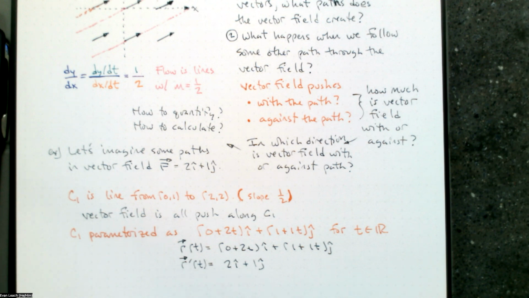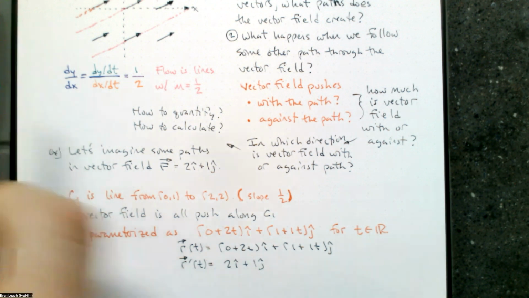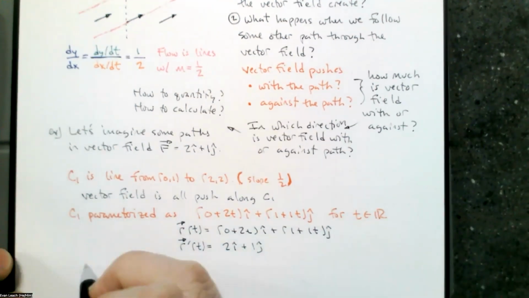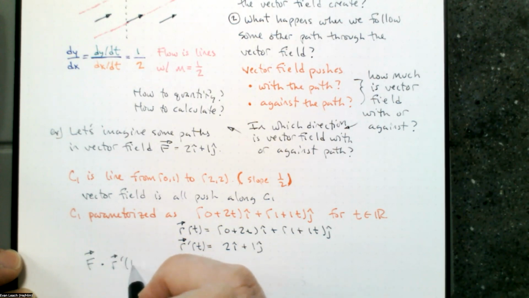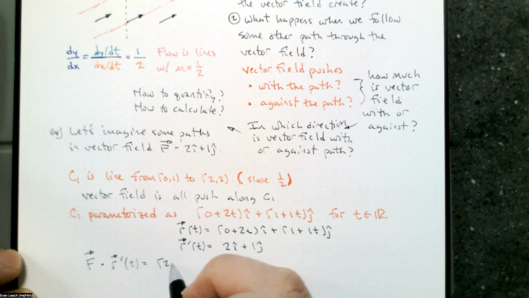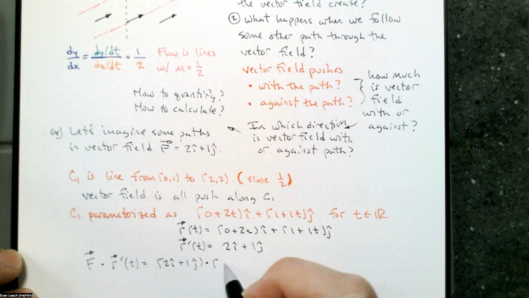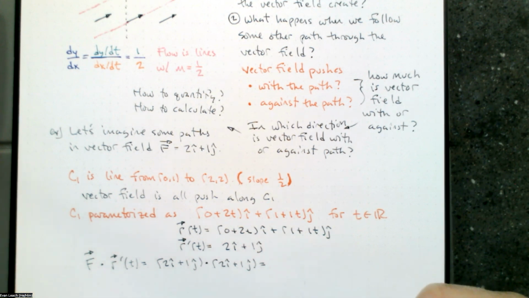Let's just take the vector field and multiply it by the direction that the path is taking. They're vectors, so I'll multiply with the dot product. Two times 2 is 4, plus 1 times 1 is 5, so 5.